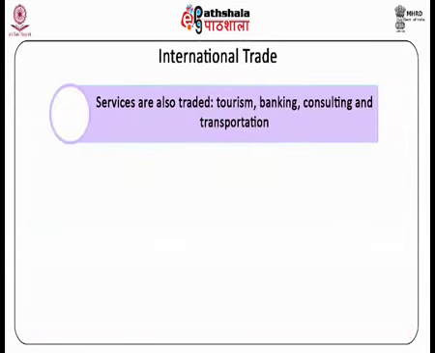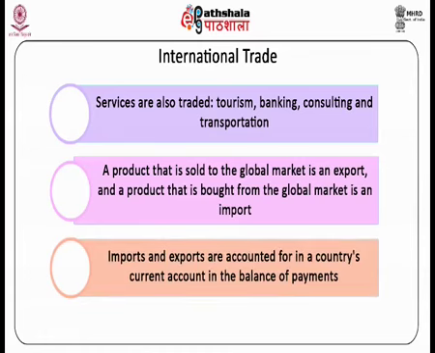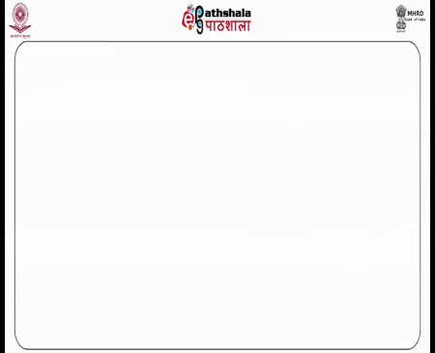Services are also traded: tourism, banking, consulting, and transportation. A product that is sold to the global market is an export, and a product that is bought from the global market is an import. Imports and exports are accounted for in a country's current account in the balance of payments.